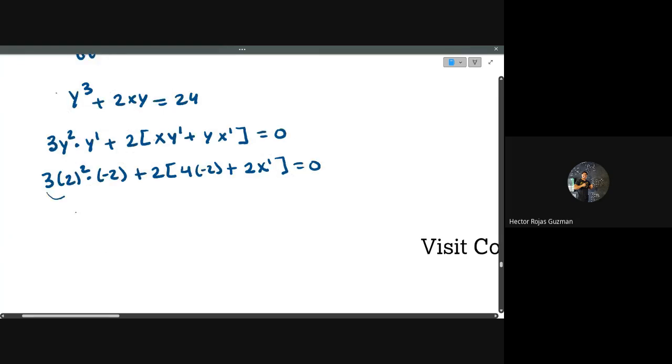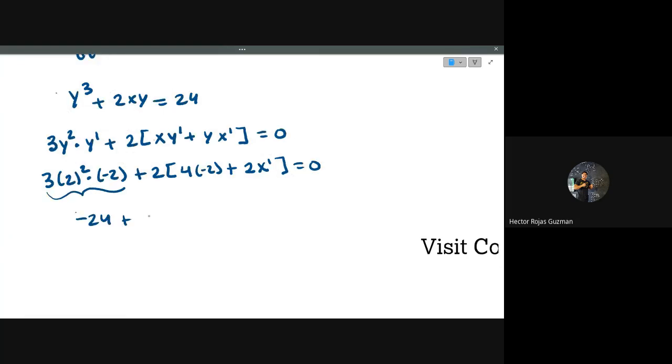So this right here is going to be negative 24 plus 2 times negative 8 plus 2x prime. That's going to be negative 16 plus 4x prime equals 24. If I add the 16, we're going to get 40.